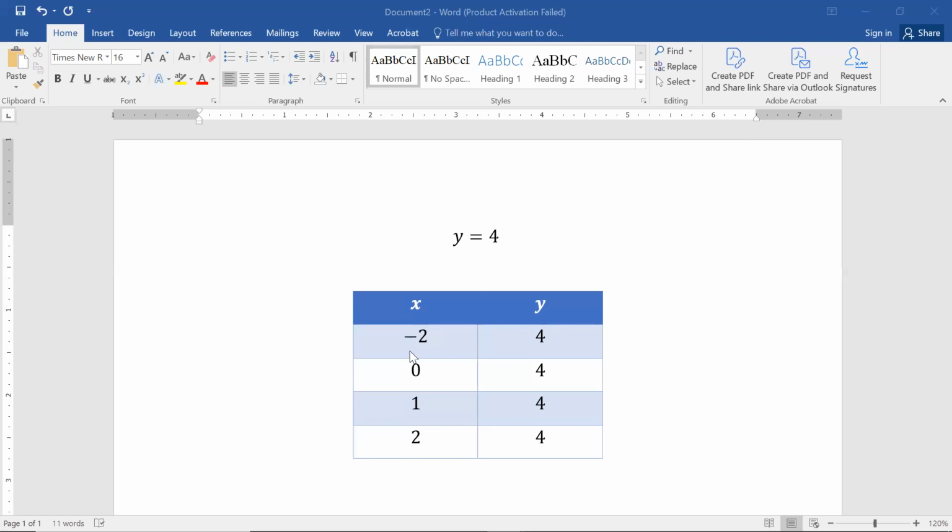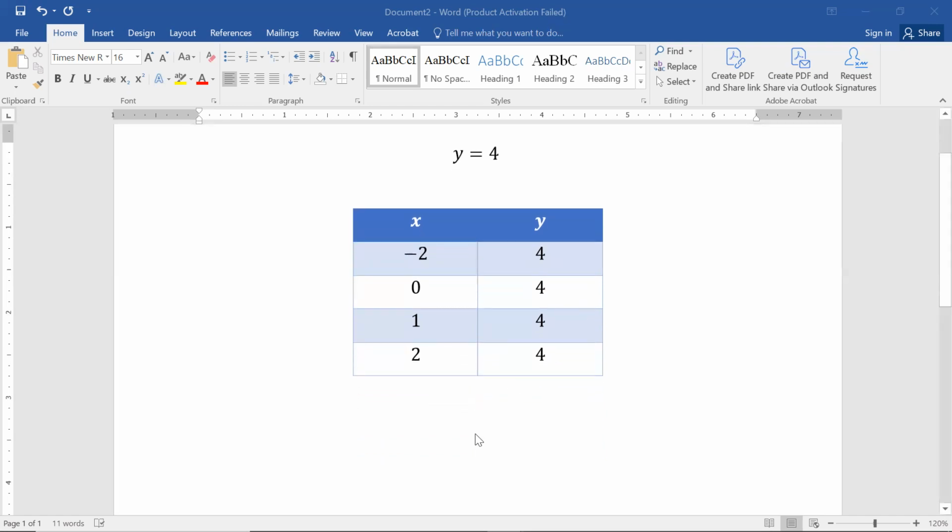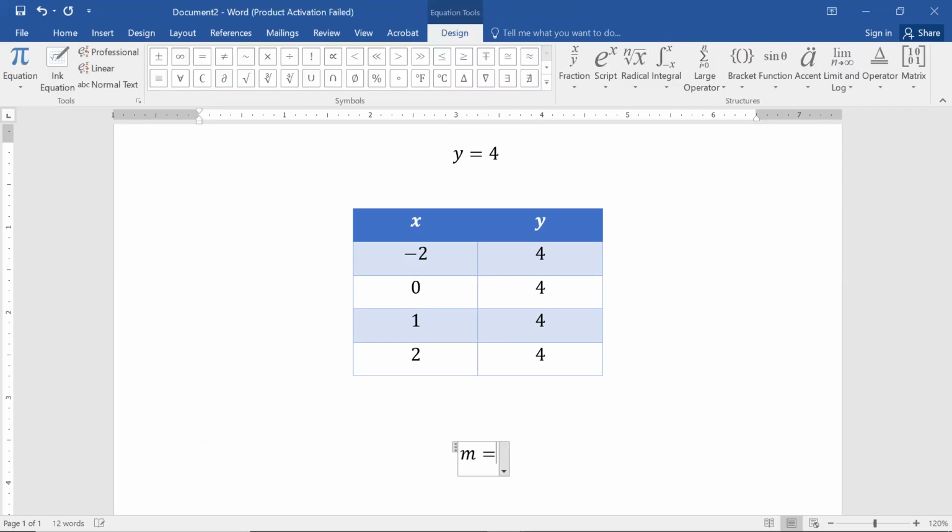We could have also seen that when we looked at the table. Again, going from one point to the other, how much does y change? Y changes by nothing.